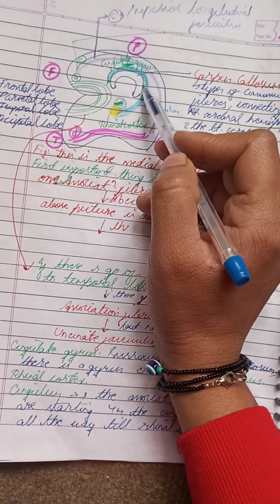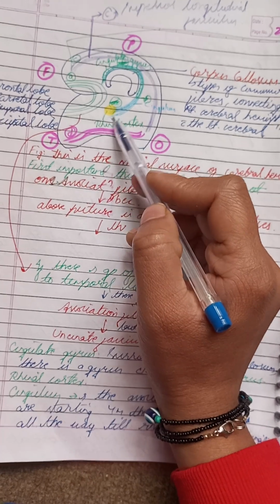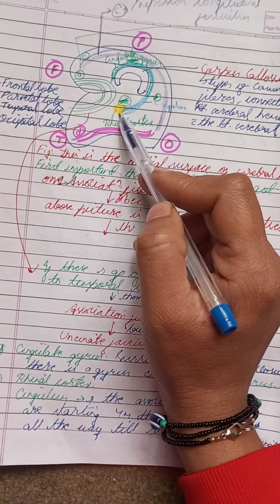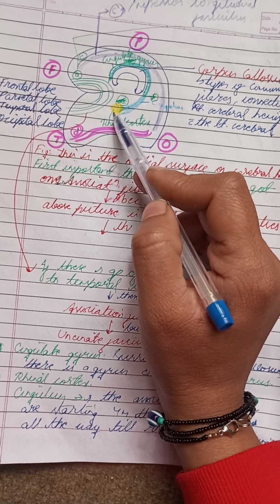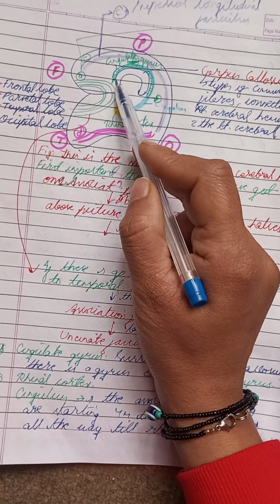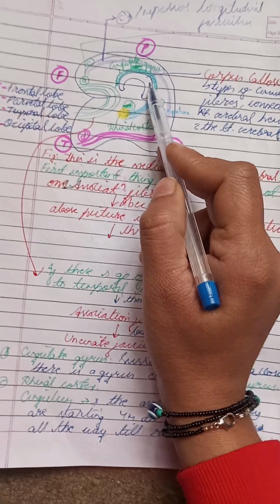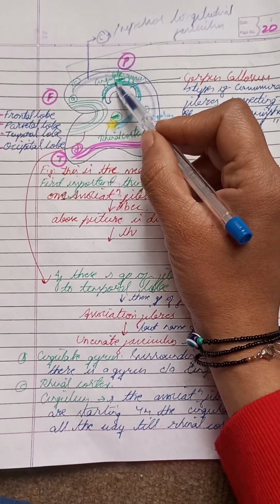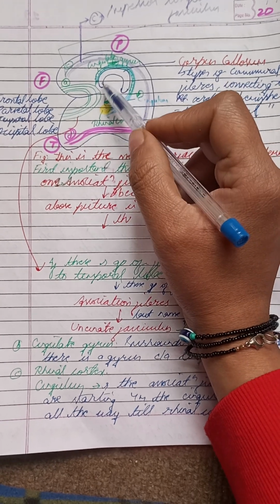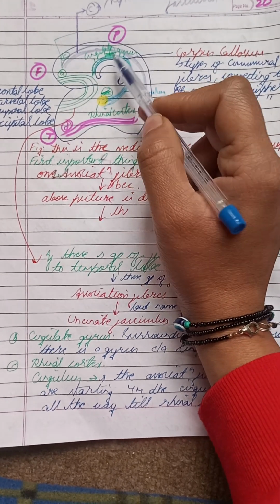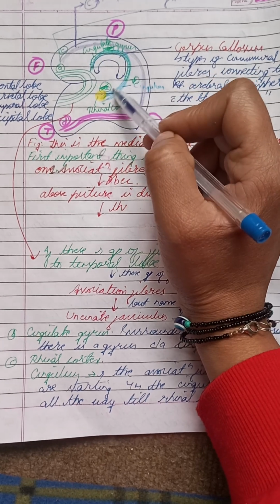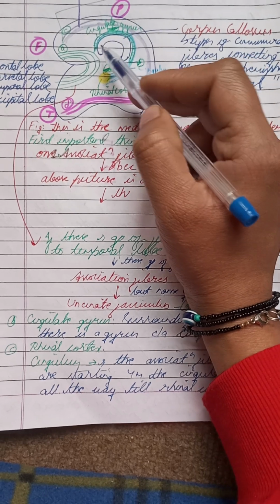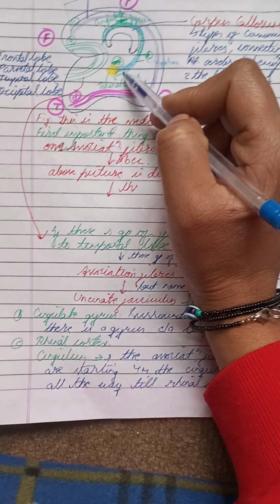Here this yellow area is called the rhinal cortex, or entorhinal cortex, whatever we call it. From the cingulate gyrus, if the fibers are coming towards the entorhinal cortex, then these fibers are called the cingulum, from the cingulate gyrus to the rhinal cortex.